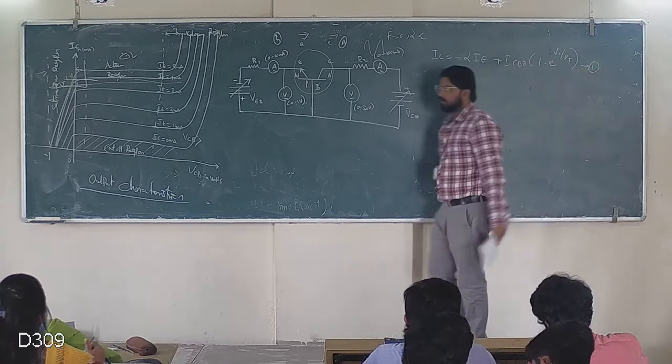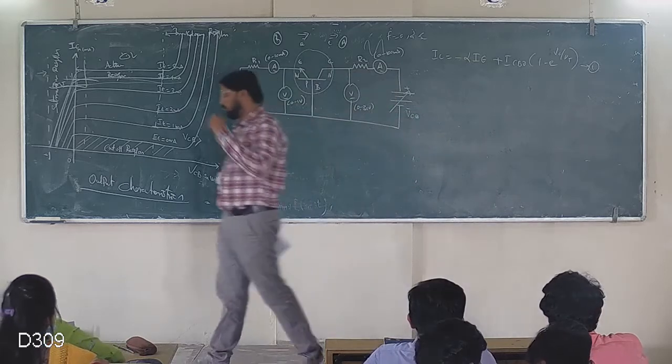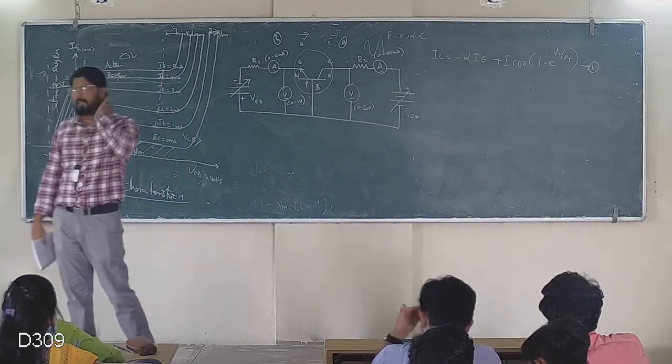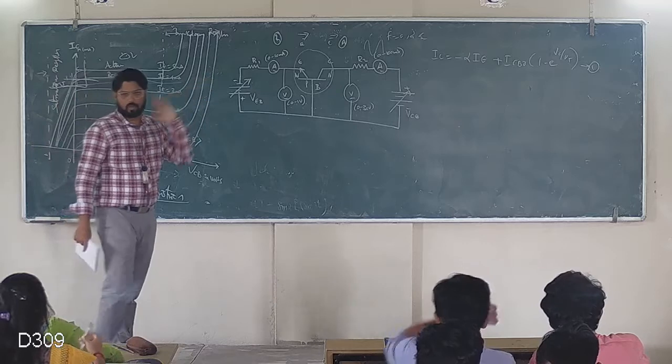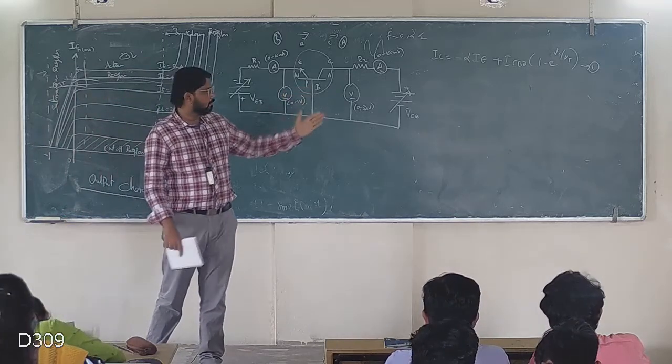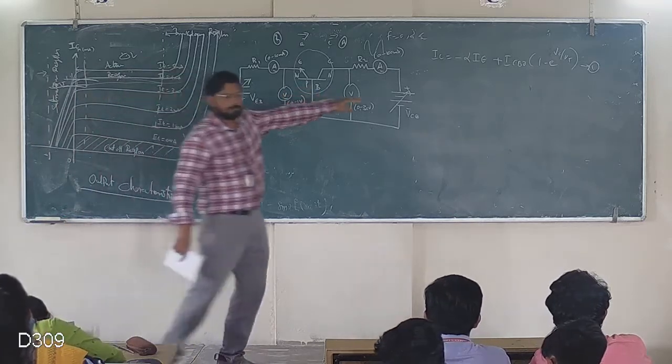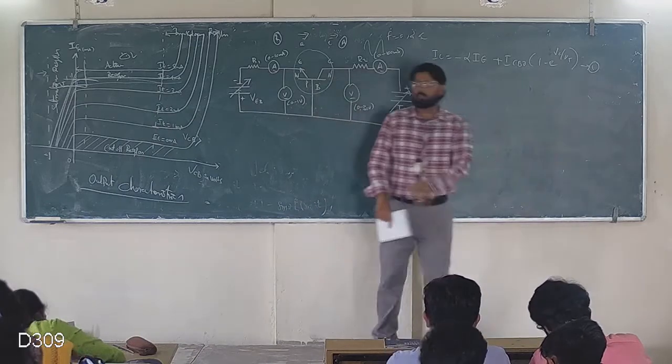In general, the transistor collector current is equal to minus alpha IE plus ICBO (1 minus e to the power Vc by Vt).